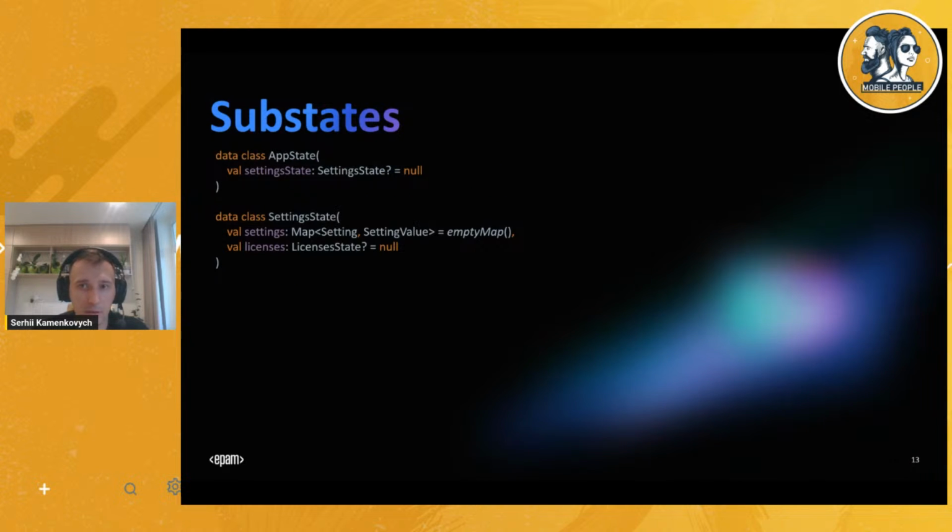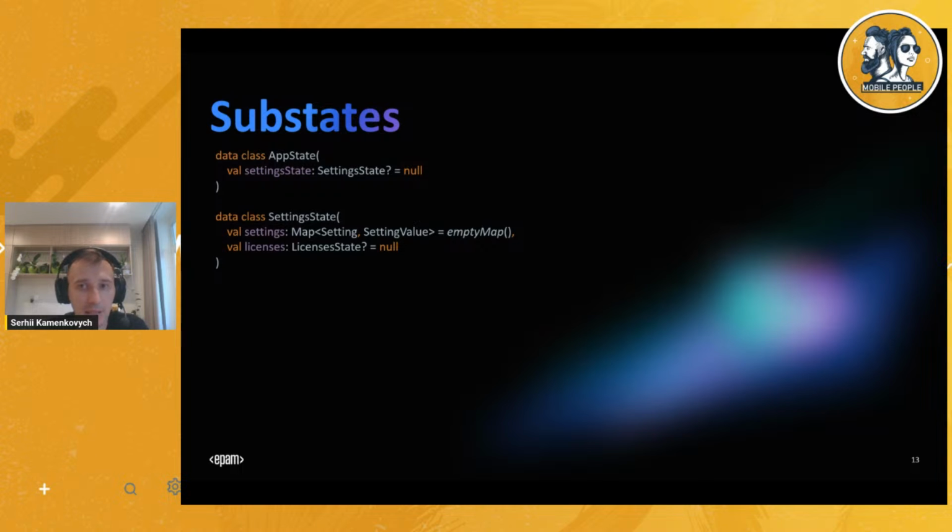First of all, let's look at substates. Architecture is called composable because it allows to compose states one within another and handle them in the same composable manner.